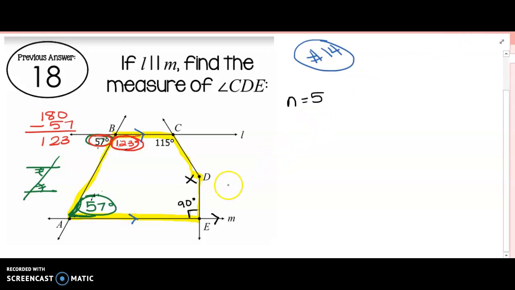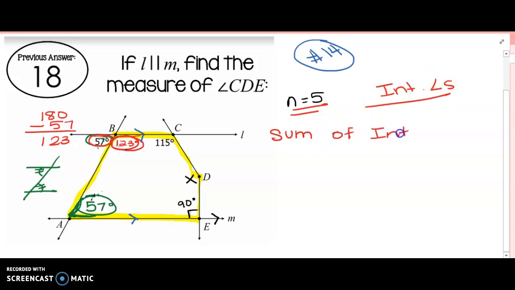Now I can set up a formula to solve for x. All right. I do have a pentagon. My N is 5. I am looking at interior angles. And so to find the sum of the interior angles, I use the formula N minus 2 times 180.